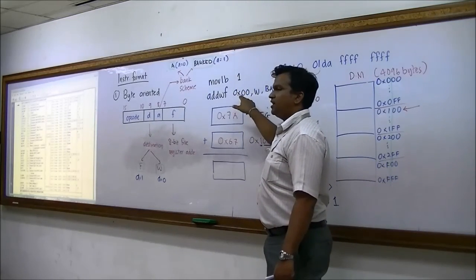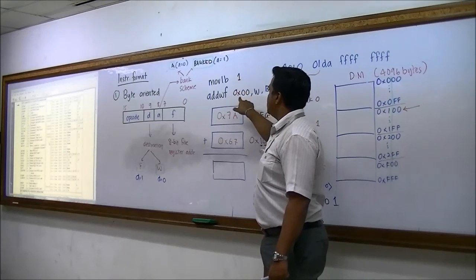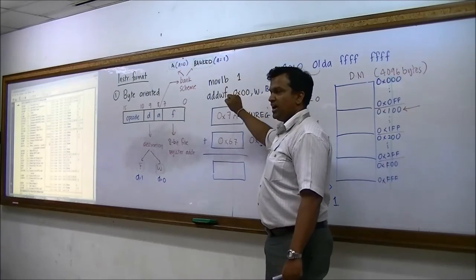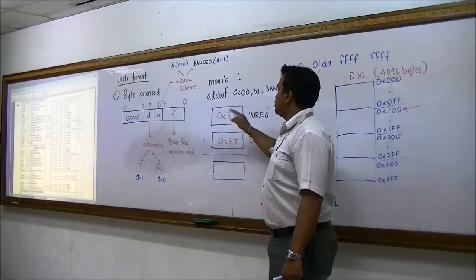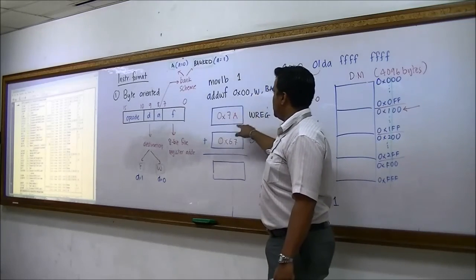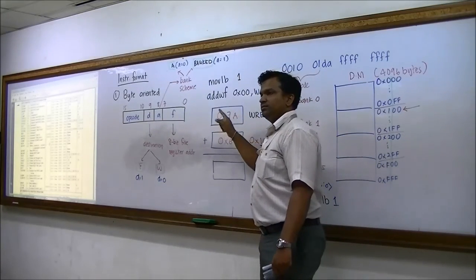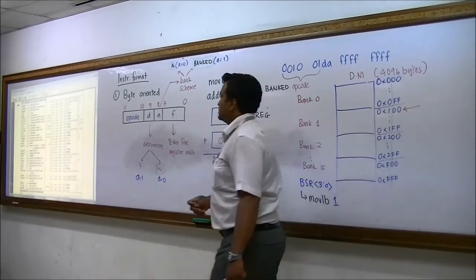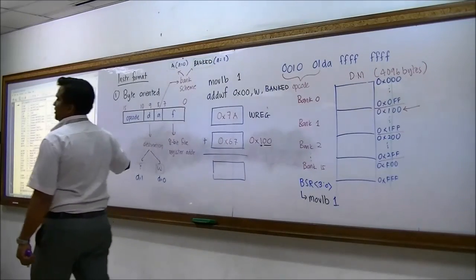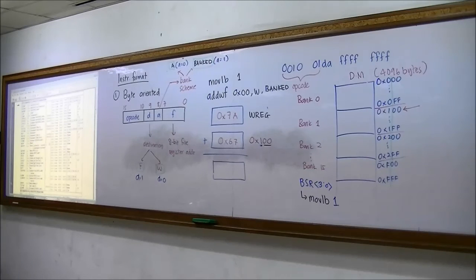So what is the actual address of the file register? 100. So after you add, you'll have an answer, right? Where do you want to store it? The working register. Therefore the answer will be stored here. Can you understand? So that is this byte instruction format. Any question on this? Okay.